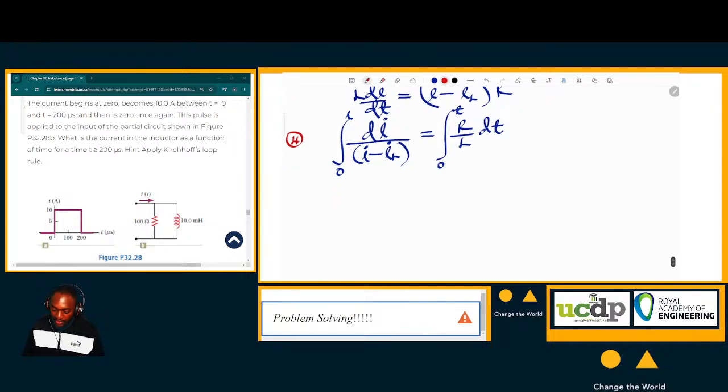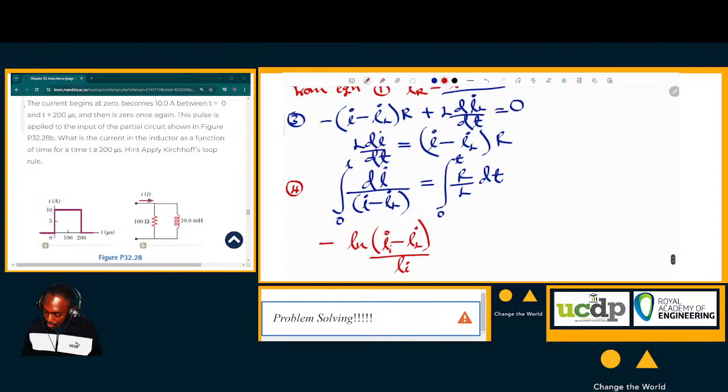So if we integrate that, we'll obviously get ln, so that will be negative ln of I minus IL over I initial, the constant, okay, IL being the current through the inductor.